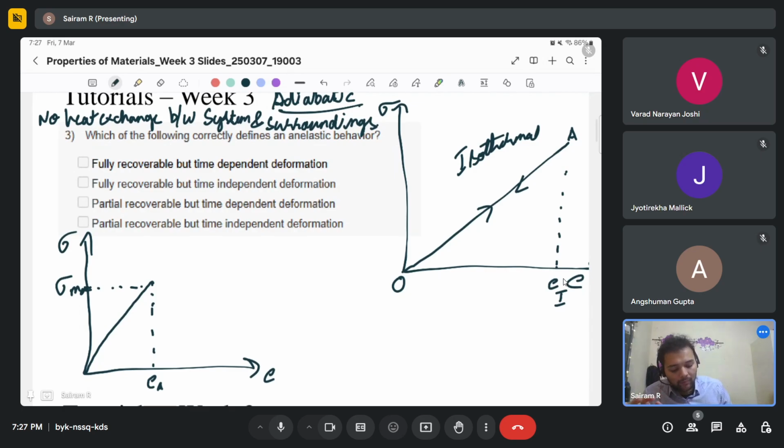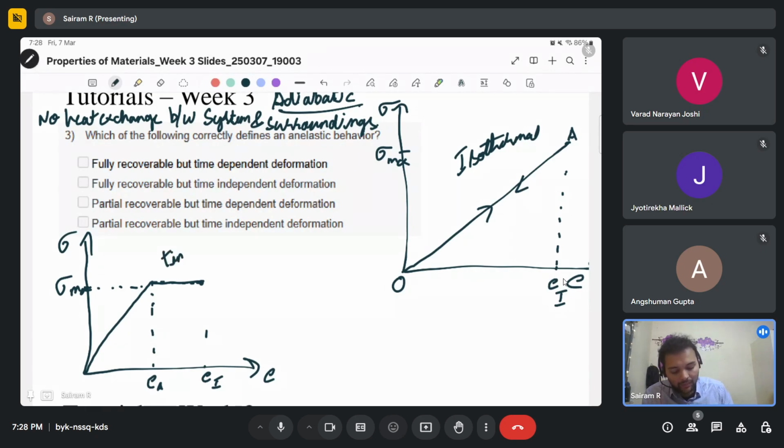What happens is that this adiabatic strain keeps increasing to the maximum value of strain, which is supposed to be EI. So it does reach the value of maximum strain corresponding to the maximum stress, even here at sigma max. It does reach EI, but it takes some time.